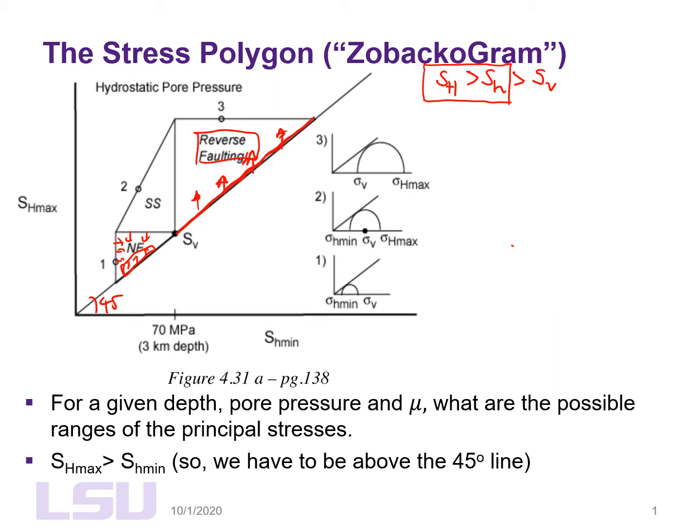Can we get anything from this? SH mean is greater than SV. Well, you can already see that because SV doesn't change, right? It remains here. But SH mean lies to the right of that, right? SH mean lies to the right of that.